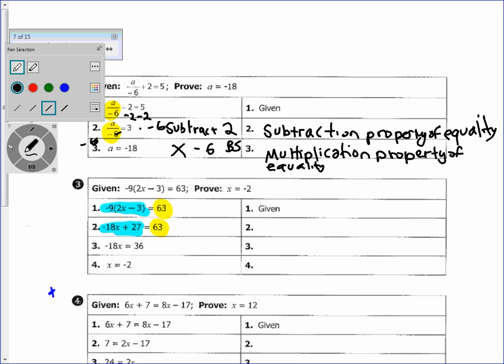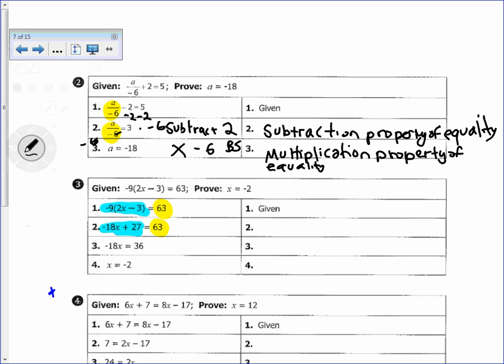So don't forget the first thing that was given, they already wrote it for us. But the second step, to get to the second step, they distributed. We use the distributive property of equality. So from now on, for equality, I'm just going to write this equal sign.